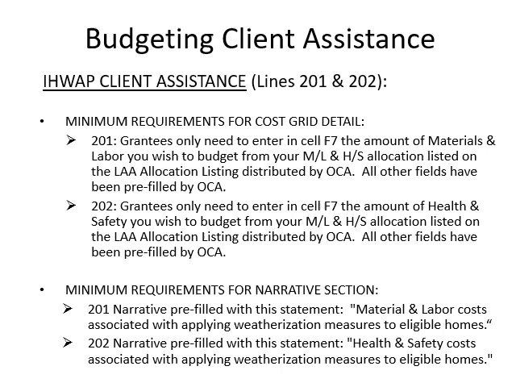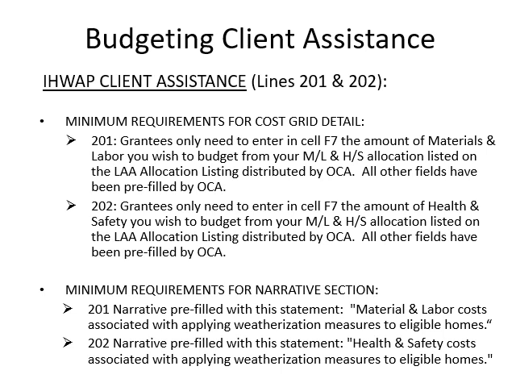For the weatherization client assistance line items 201 and 202, here are the minimum requirements for the cost grid detail. For line 201, the grantees only need to enter in cell F7 the amount of materials and labor that you want to budget from your total material and labor health and safety allocation that was listed on the allocation that was distributed by OCA. All the other fields have been pre-filled by OCA.